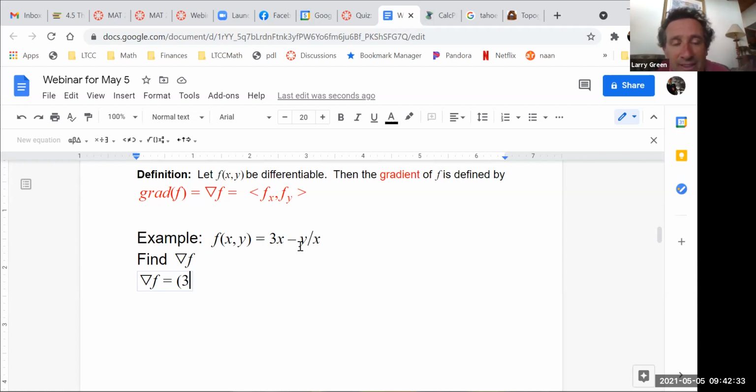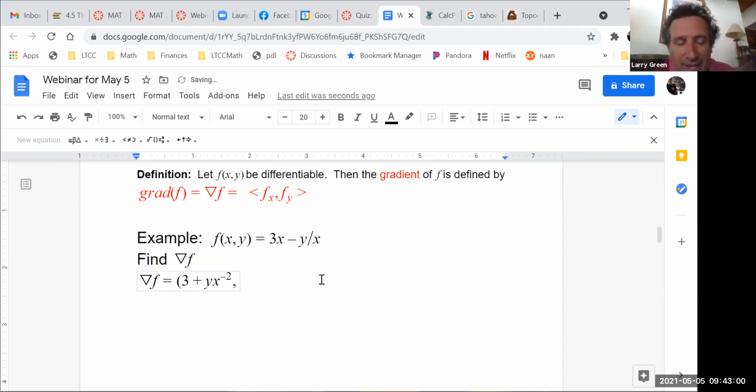So that's a constant times x to the negative 1. And the derivative of a constant times x to the negative 1 is negative the constant times x to the negative 2. Negative, negative cancel. You get plus. So we're gonna have the constant, which is y, times x to the negative 2. And you could write y over x squared. That's all up to you.